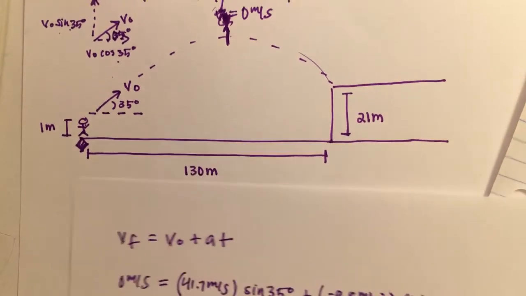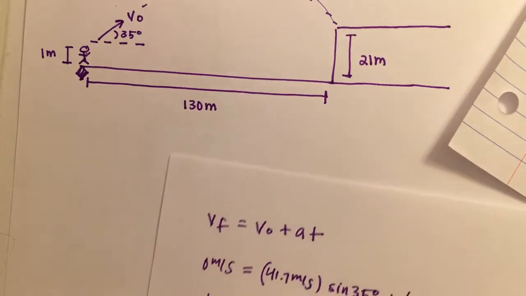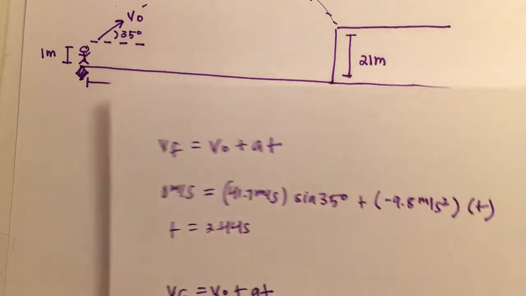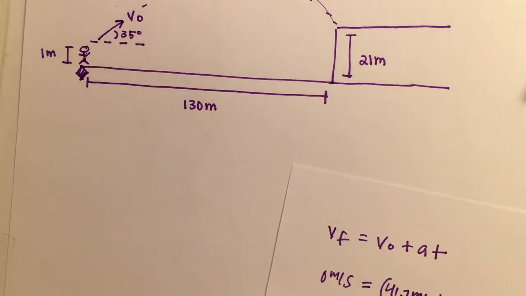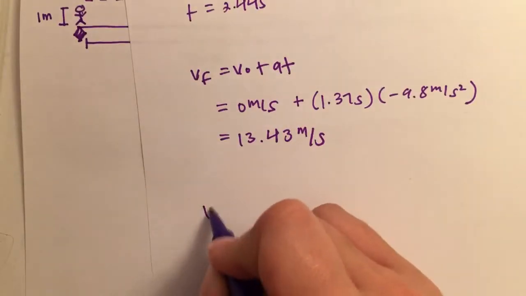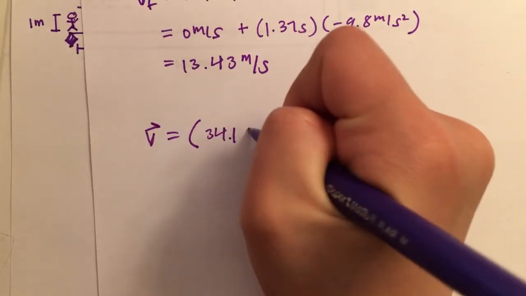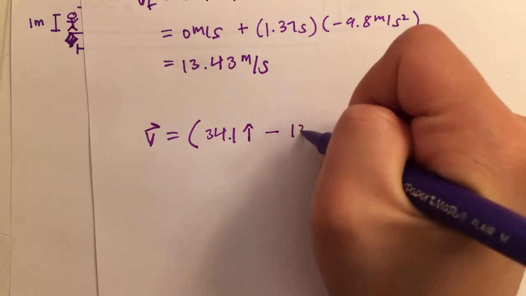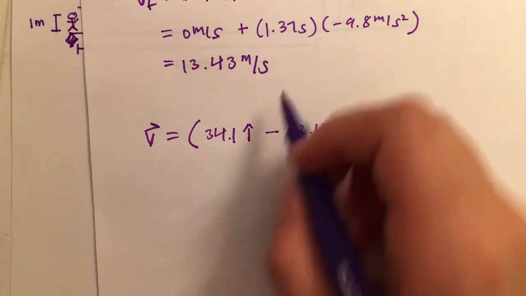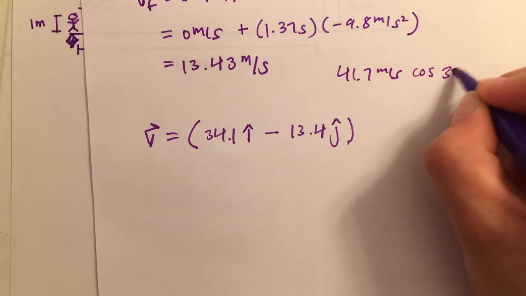Alright, so the very last part of this is to find the velocity components. Just write it like this. Velocity is equal to 34.1 i hat minus 13.4 j hat. We got this by just multiplying out 41.7 meters per second times cosine 35 degrees.